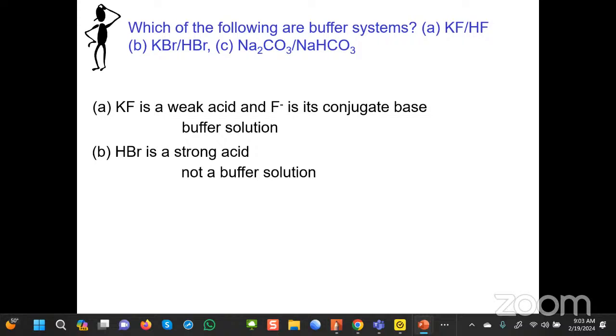Now, the last one is a bit tricky, but it's the same principle that applies. Sodium carbonate in combination with sodium bicarbonate. I want to say yes. Okay, why?